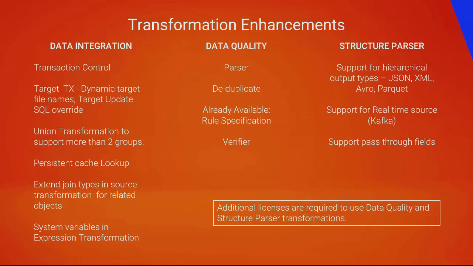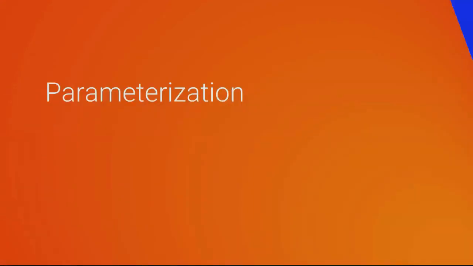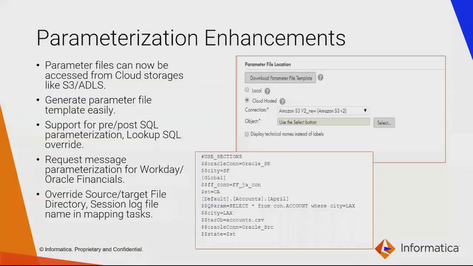Next, I would like to highlight the parameterization capabilities that we have added. Our customers have always wanted more reuse for the mappings and mapping tasks that they develop in cloud data integration. And keeping in mind those needs, there are a couple of really new enhancements.